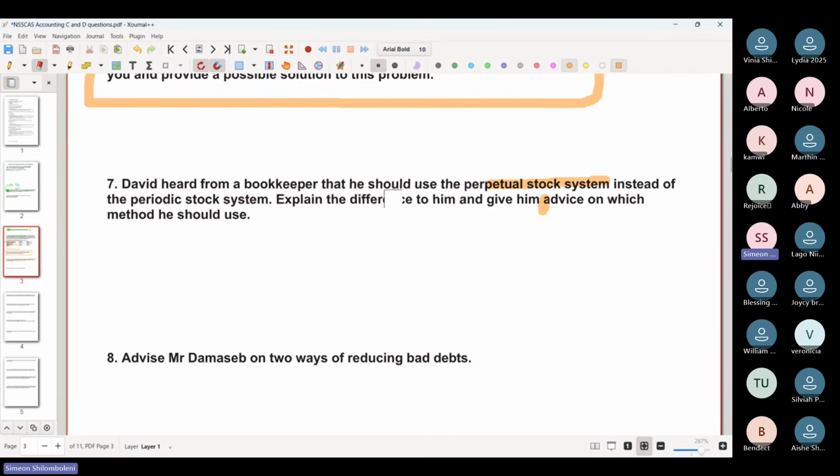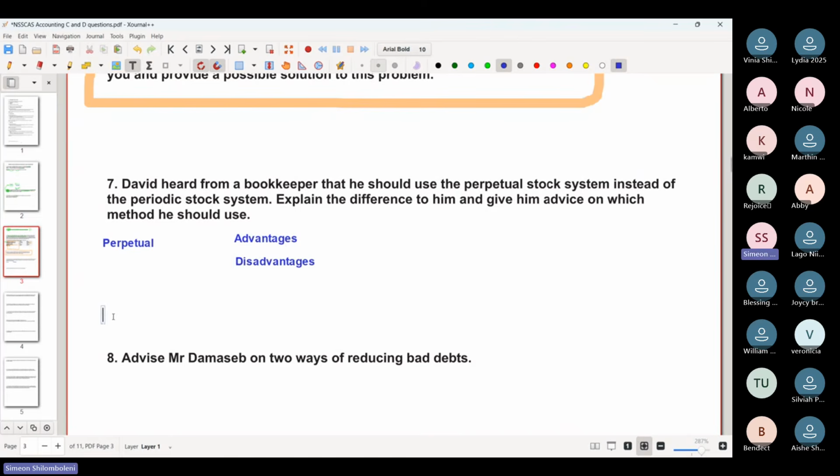Now, there's something that I need to show you. If you are leaning towards the perpetual stock system, you are not going to give the advantages and disadvantages of perpetual. Let me do this. You have perpetual, with advantages and disadvantages.